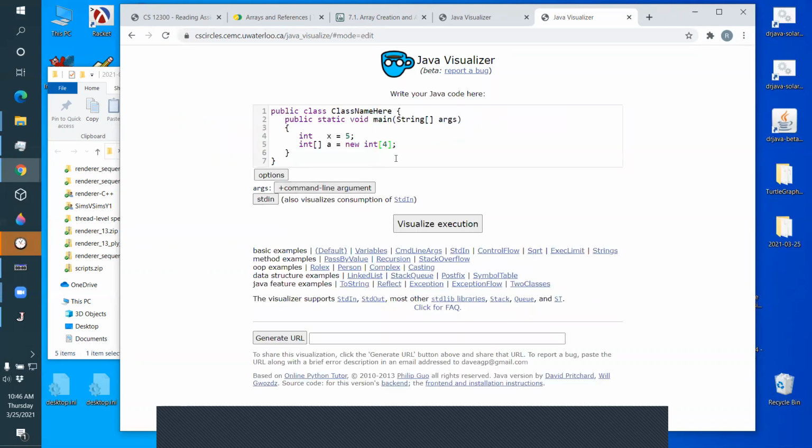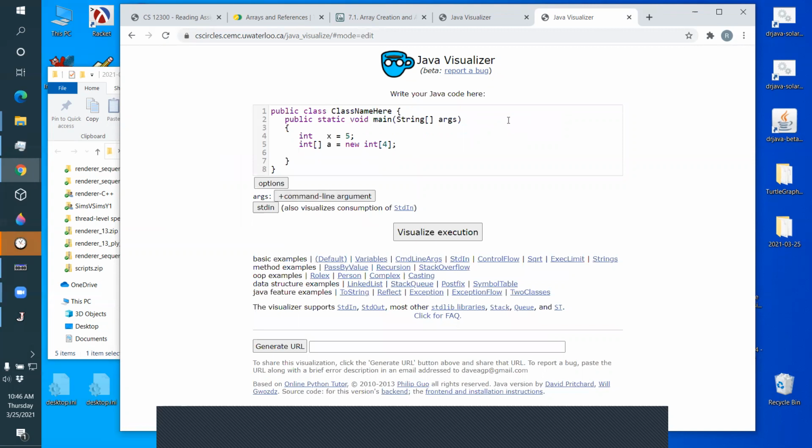Now let me show you one last thing. I can put something in the array. If I want to put something in the array, I say A3. I'm putting something in slot 3. Slot 3 is the 4th slot. I'm going to put the number, say 17, in there.